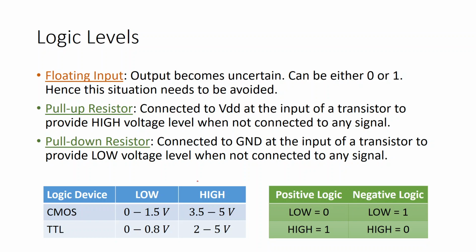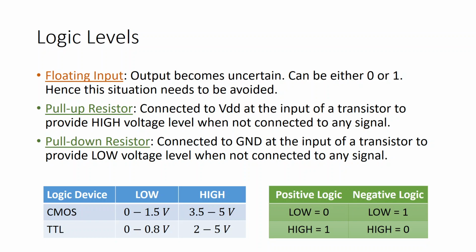So depending on that floating value, we will always generate some output if the transistor has power. So the output will keep on changing also. We don't want this sort of situation to happen, so we need to avoid it.